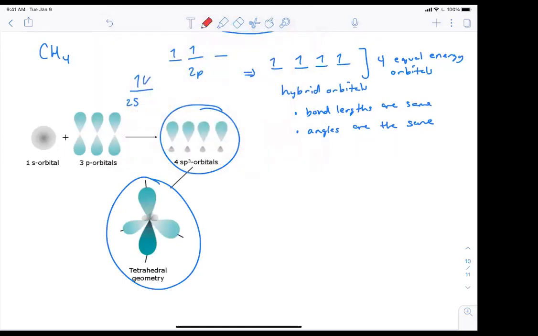So when do you need hybrid orbitals? You'll need hybrid orbitals for sigma bonds and lone pairs. Every time you look at an atom, the number of sigma bonds it has and the number of lone pairs it has tells you how many hybrid orbitals you have, which then tells you the hybridization.